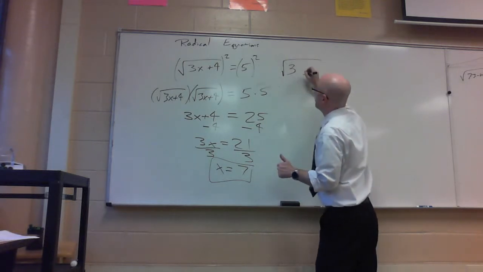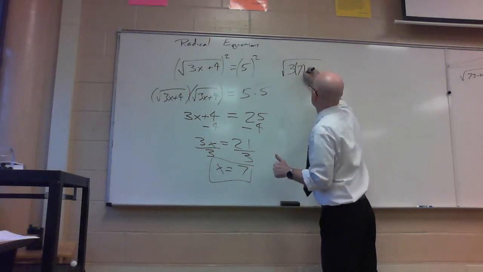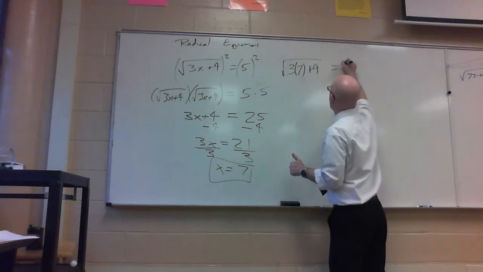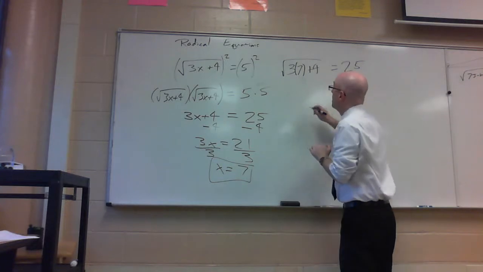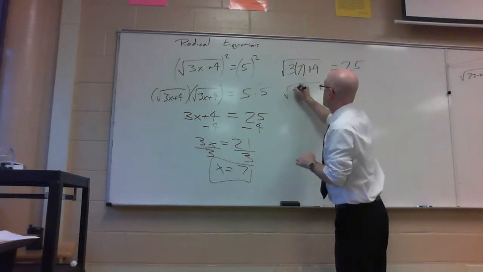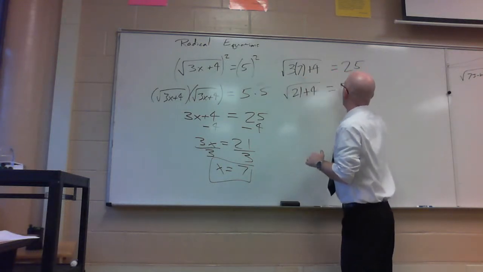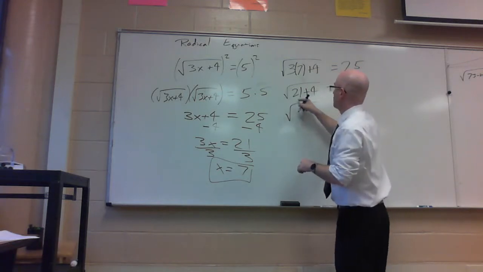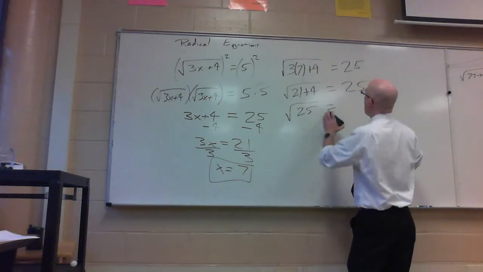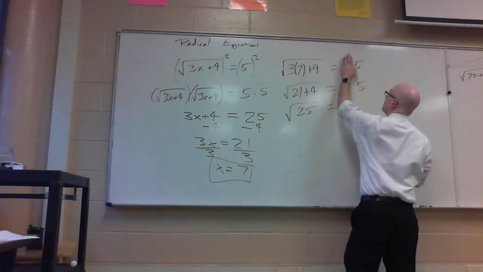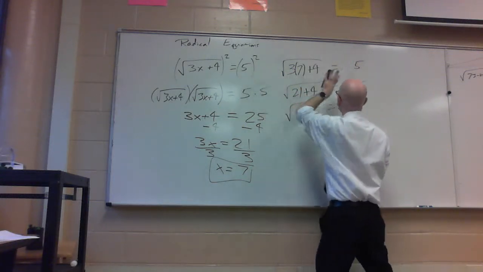So the square root of the quantity 3 times 7 plus 4, we said, is equal to 25. I'm just substituting in for where the x was. Simplify. 3 times 7 is 21. Plus 4. Simplify again. 21 plus 4 is 25. I was so excited, I should have gone back to the original.